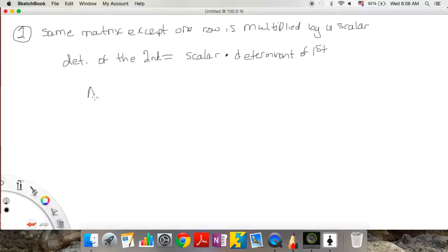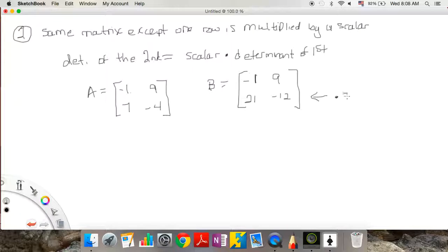So for example, if we have A is -1, 9, 7, -4, and B is -1, 9, and then 21, -12. So this is just the row from the second one times 3. See, 7 times 3, -4 times 3.